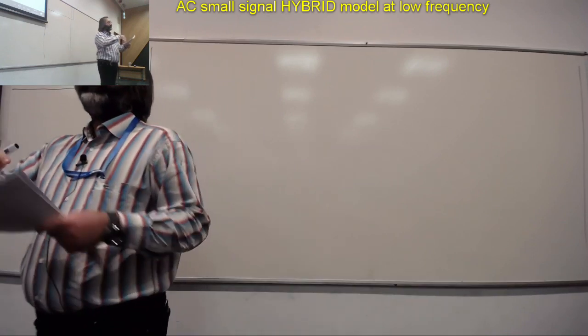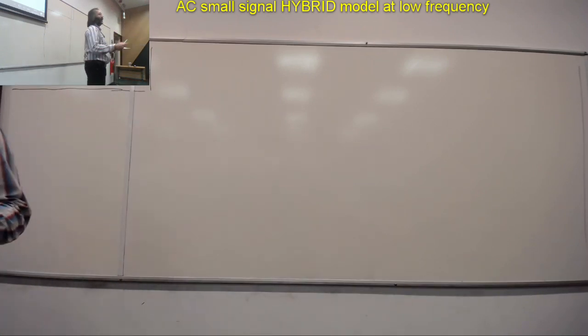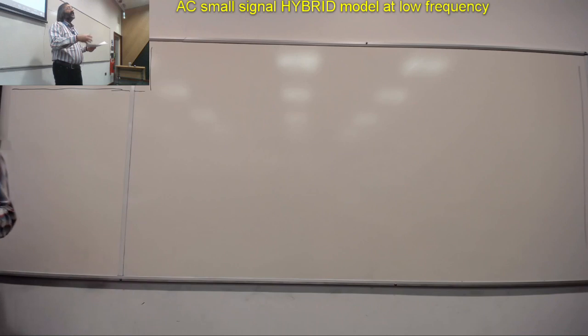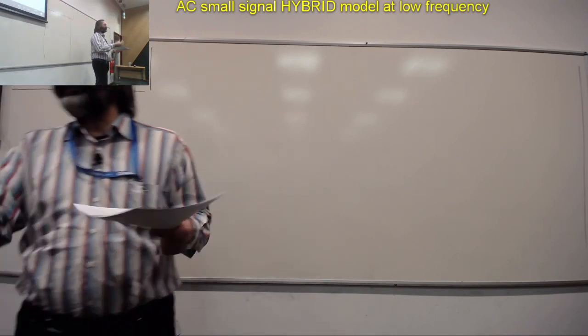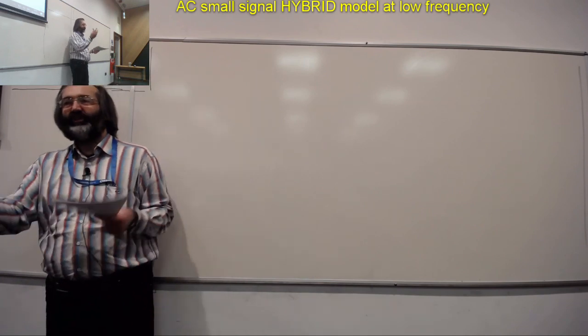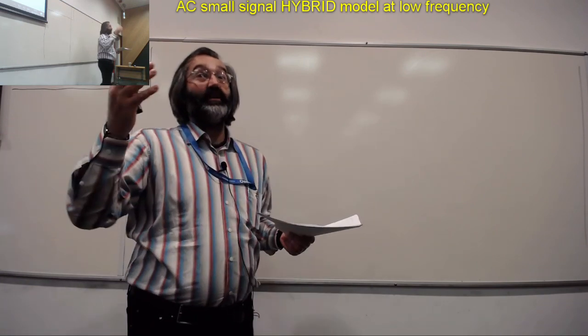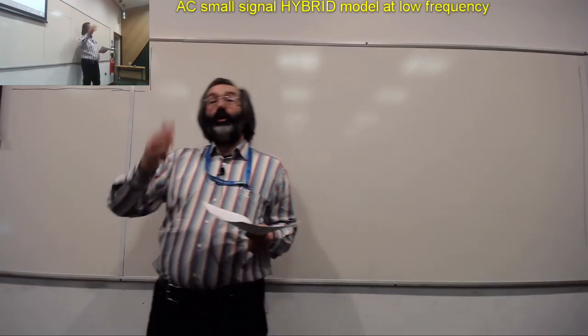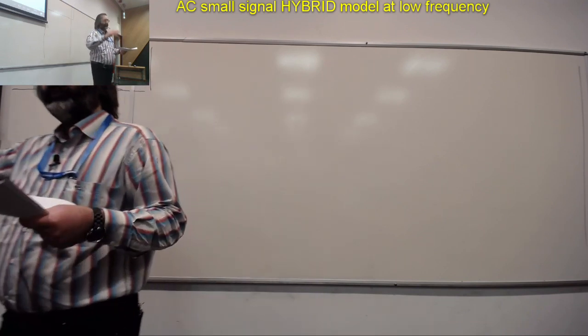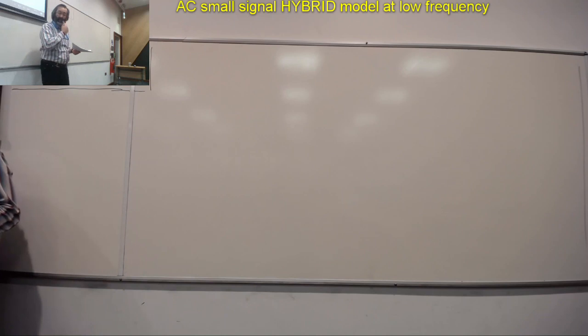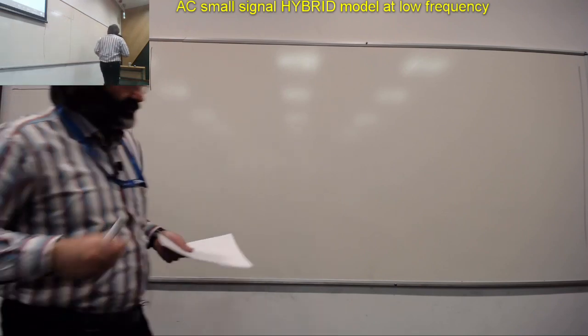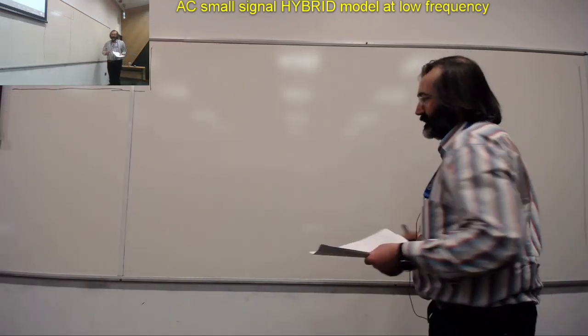Remember, we are not dealing with the other modes just because the common emitter is, let's say, the most useful for the things we may want to do. But remember, there is also the common base and common collector. So we are not dealing with these in here, but just know that they exist. So okay, let's start.